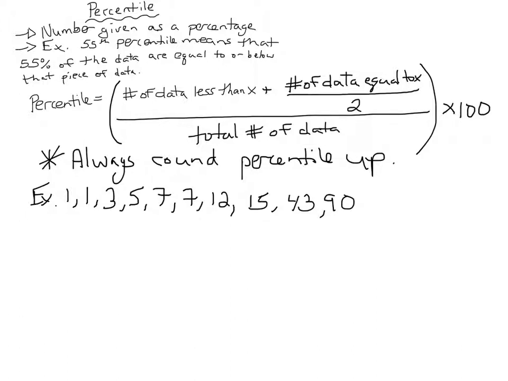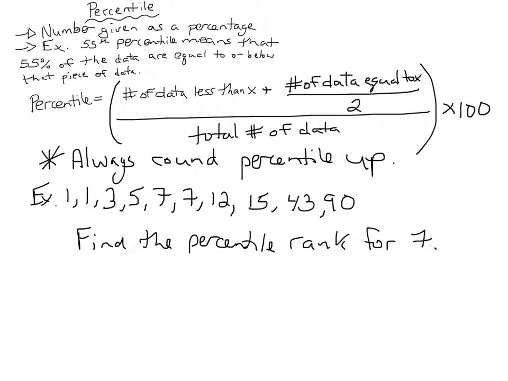Okay, what my numbers are actually makes no real difference because we're not calculating mean, median, mode, anything here, we're just calculating percentile. So, the question is just going to be find the percentile, or percentile rank is often what it's called, for 7. Okay, so find the percentile.